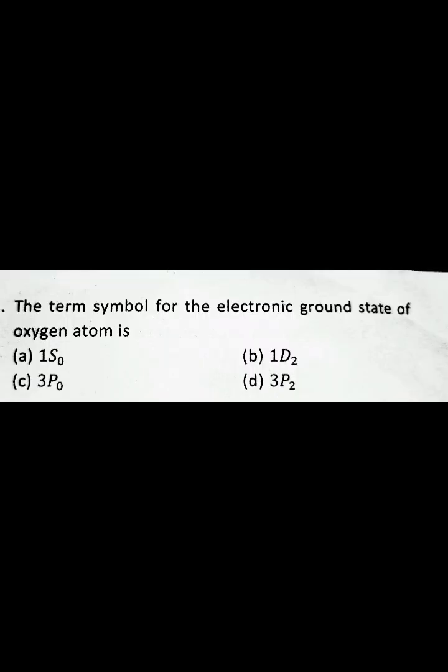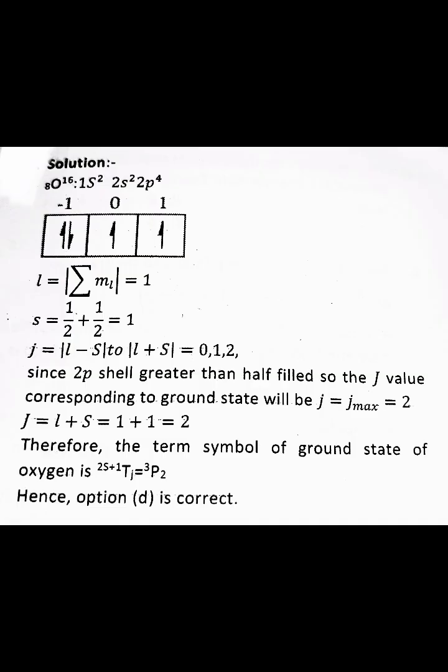The next question is, the term symbol for the electronic ground state of the oxygen atom is dash. For oxygen, the configuration is 1s2, 2s2, 2p4. So there are 4 electrons present in 2p. Here 2 electrons are paired and 2 electrons are unpaired.